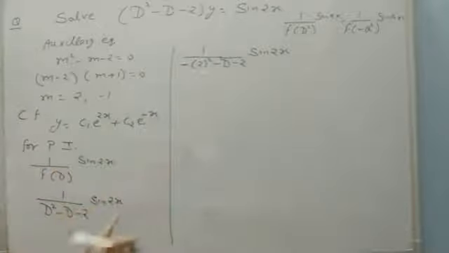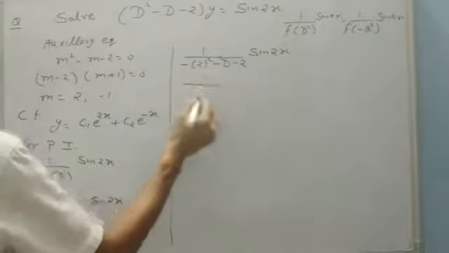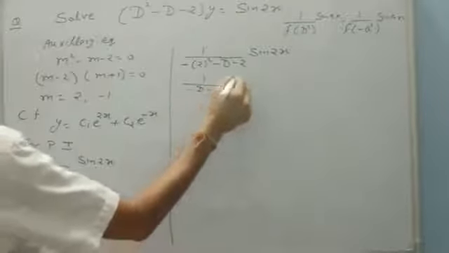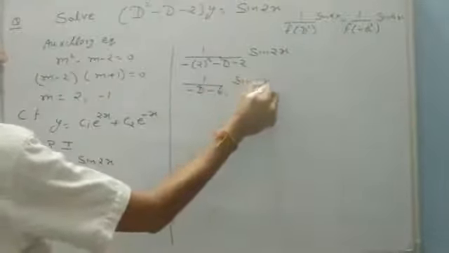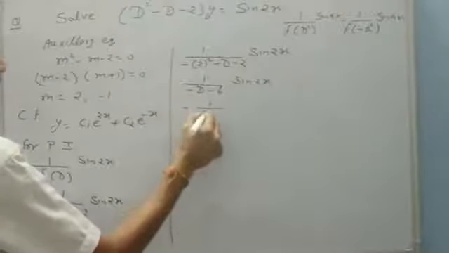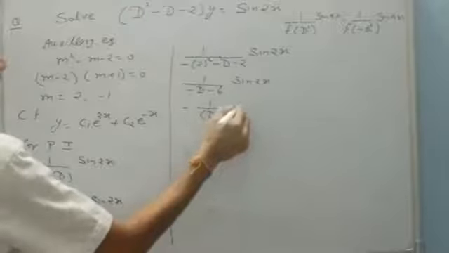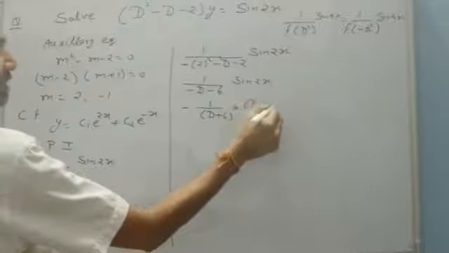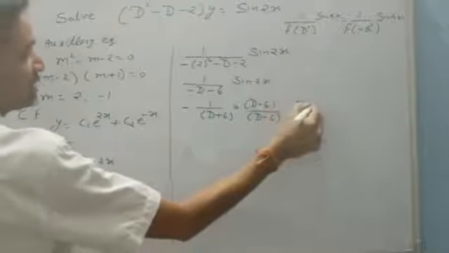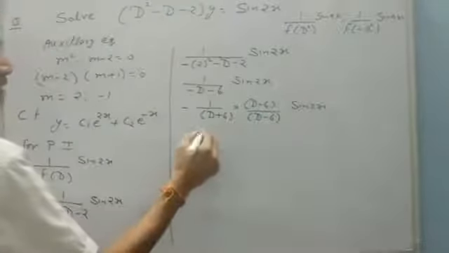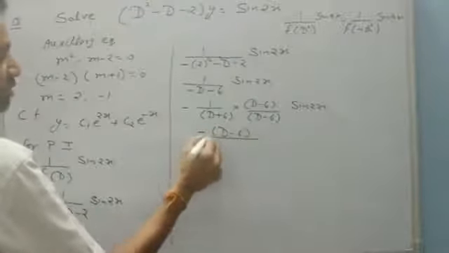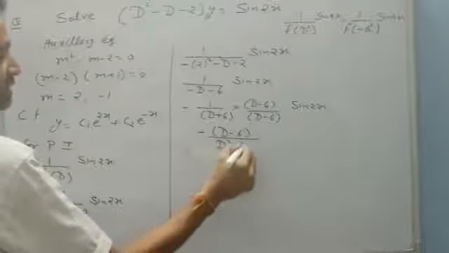So it can be written as 1 upon minus 2 square minus d minus 2, sine of 2x. Here a is 2, so I put it in d square only, with the minus sign outside. So it will become 1 upon minus d minus 6, sine of 2x. Now take the minus out, and that is 1 upon d plus 6. Just rationalize it: d minus 6 of sine 2x, that becomes 1 upon d minus 6 upon d square minus 36.